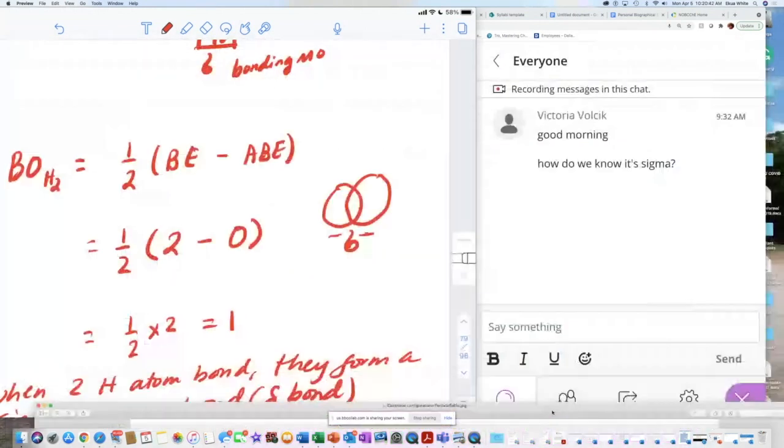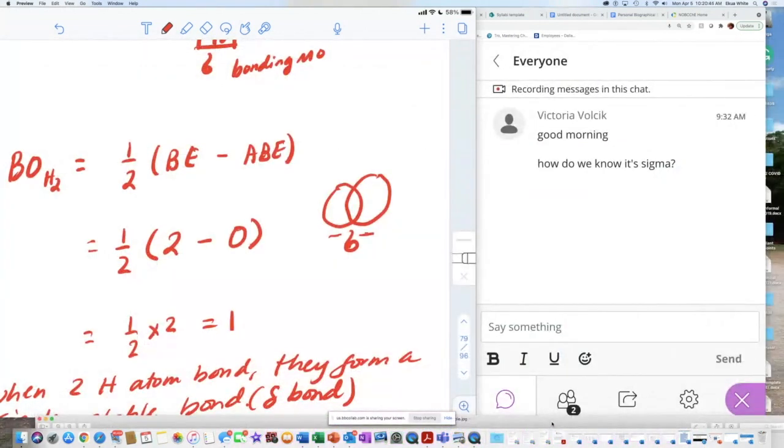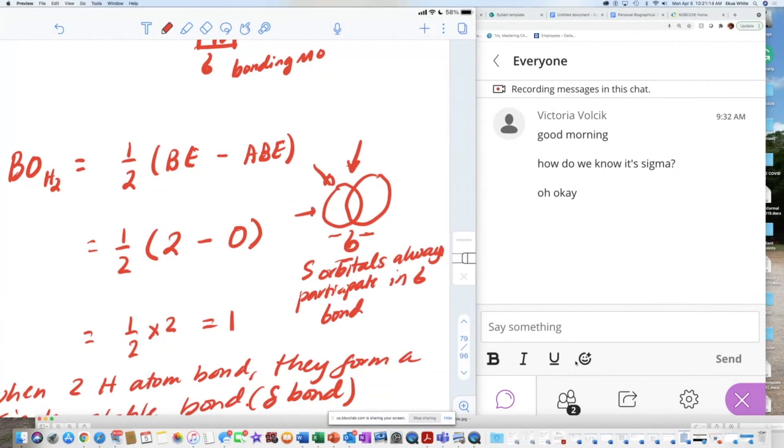So what I'll say is this: s orbitals always participate in sigma bond. And so we learned this in the valence bond theory section. They can't do anything else because their shape is round either way. No matter how you approach the s orbital, you will end up with a head-to-head overlap, whether it comes from here or from here or from here.